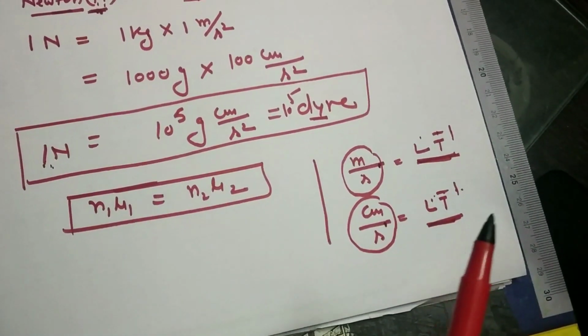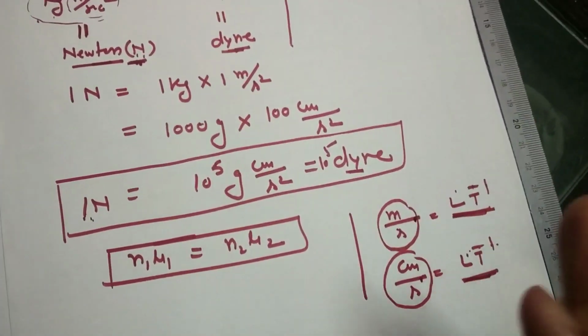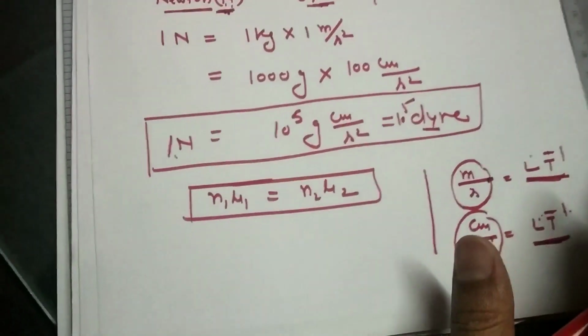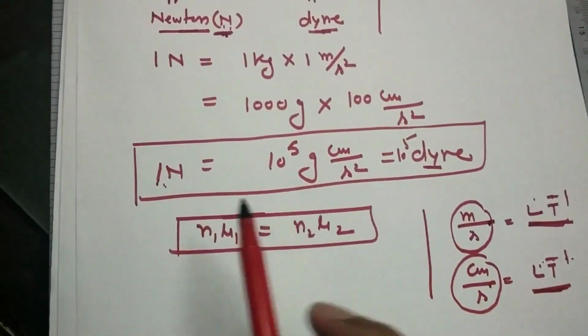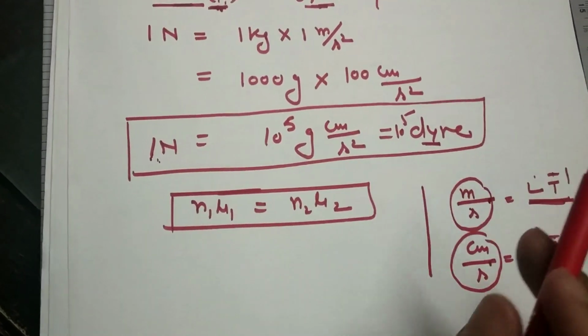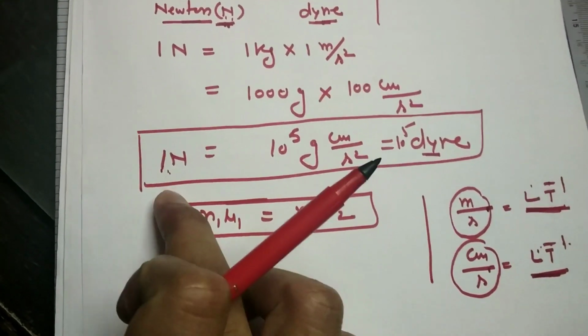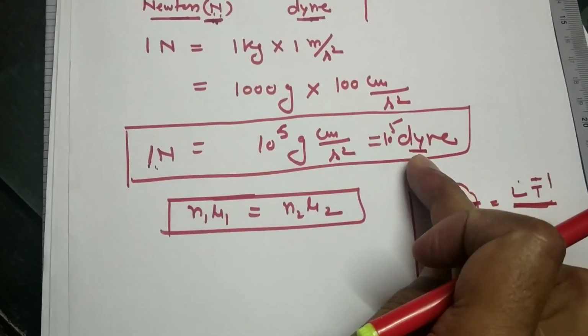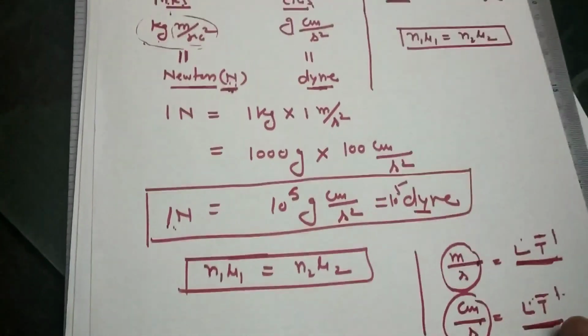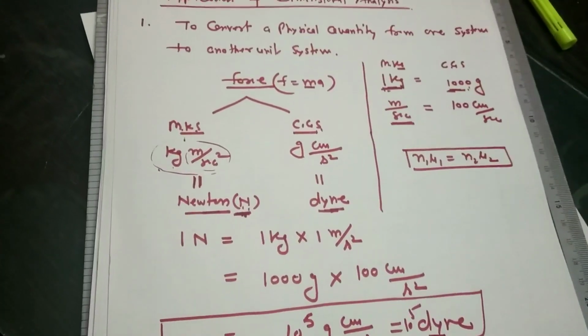This is the first limitation. Parallelly we will discuss limitations also. So now we have learnt 1 Newton equals 10 to the power 5 dyne. This is the simple way to convert one unit system to another. In the same way we will discuss by applying the application of the dimension formula.